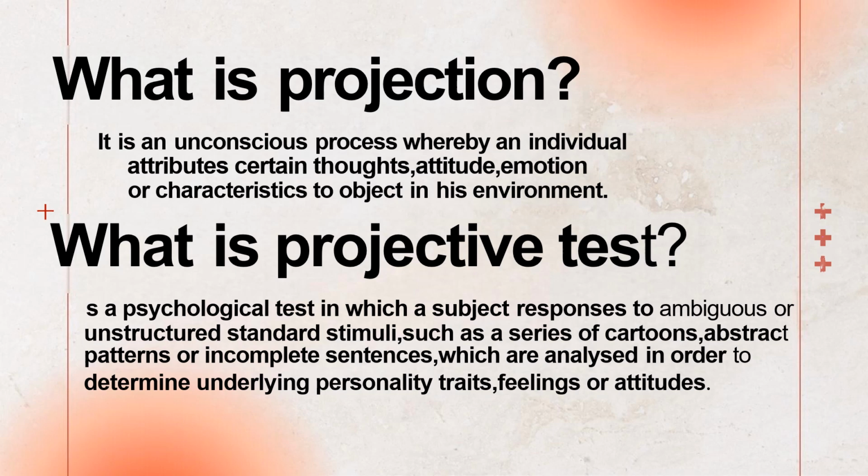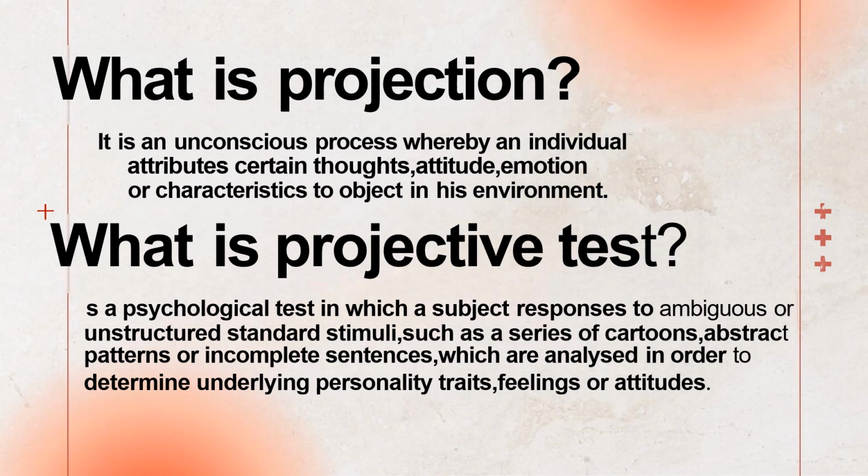What is a projective test? It is a psychological test in which a subject responds to ambiguous or unstructured standard stimuli. All of the stimuli that are given are very standardized, and these are ambiguous, so that the test taker does not have predetermined thoughts or emotions about them, such as a series of cartoons, abstract patterns, or incomplete sentences, which are analyzed in order to determine underlying personality traits, feelings, or attitudes.